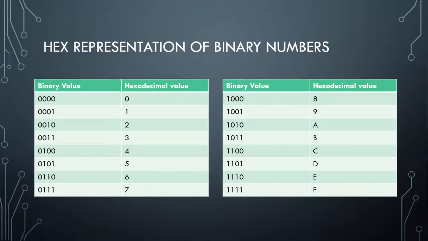You just have to think, what's the decimal equivalent? At 1001, still 9. But at 1010, which would normally be 10 in decimal, that's when we start switching over to the hexadecimal values of A, B, C, D, E, and F. Again, this is going to be a handy chart for you to look at when we start doing some of the decimal to hex conversion.